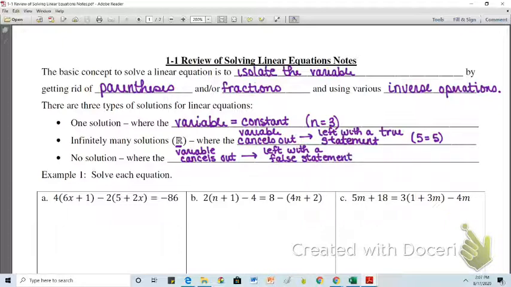This would be something like 2 equals 4. Okay, 2 cannot equal 4, therefore it is a false statement.